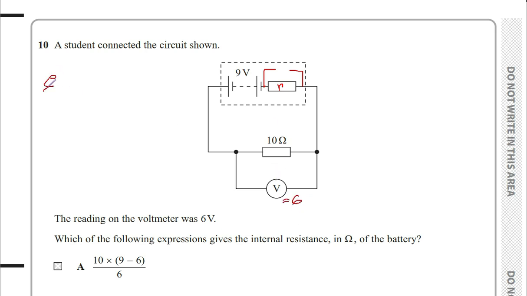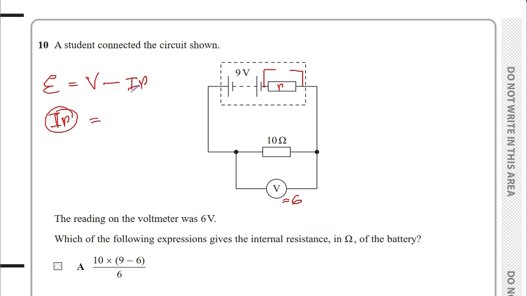and like we saw, EMF is always equal to V plus IR, right? So V is the terminal PD, so IR is actually the lost volt or the potential difference across the internal resistance.